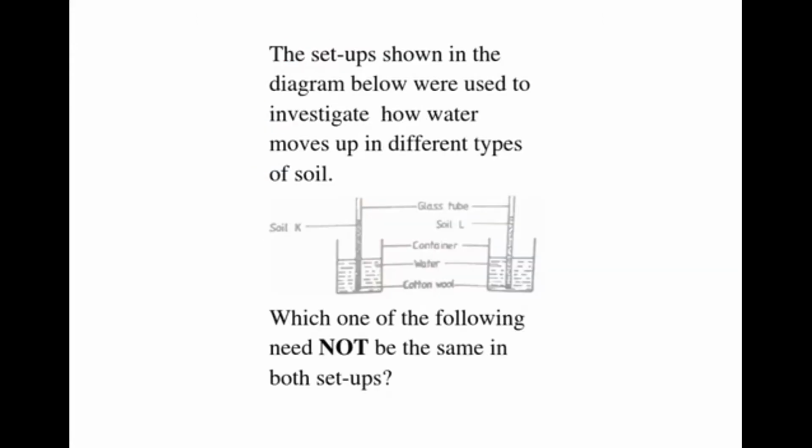The setups shown in the diagram below were used to investigate how water moves up in different types of soil. We have soil K, soil L, glass tube, container, water, and cotton wool. Which one of the following need not be the same in both setups? When you look at the setup, it was investigating capillarity.